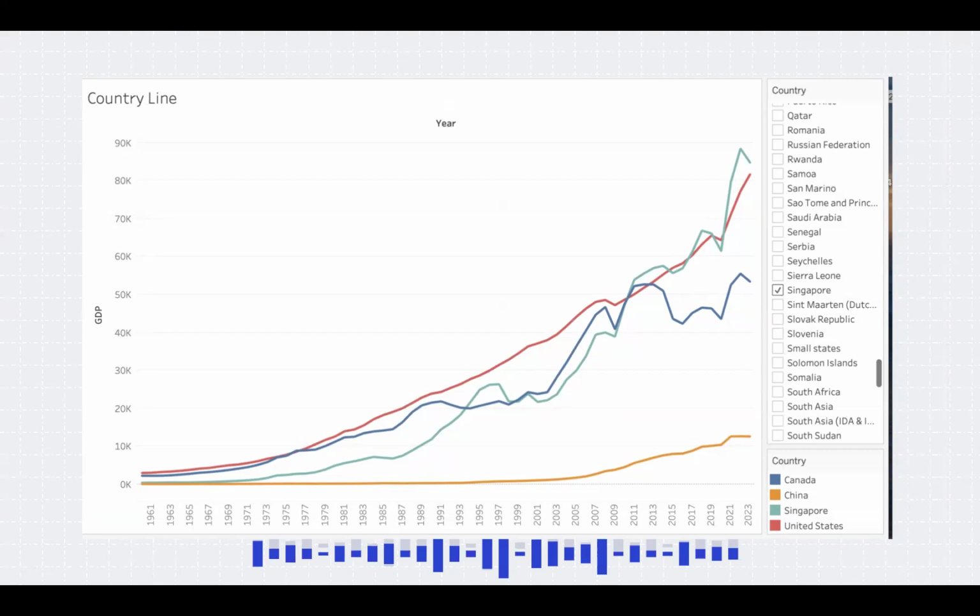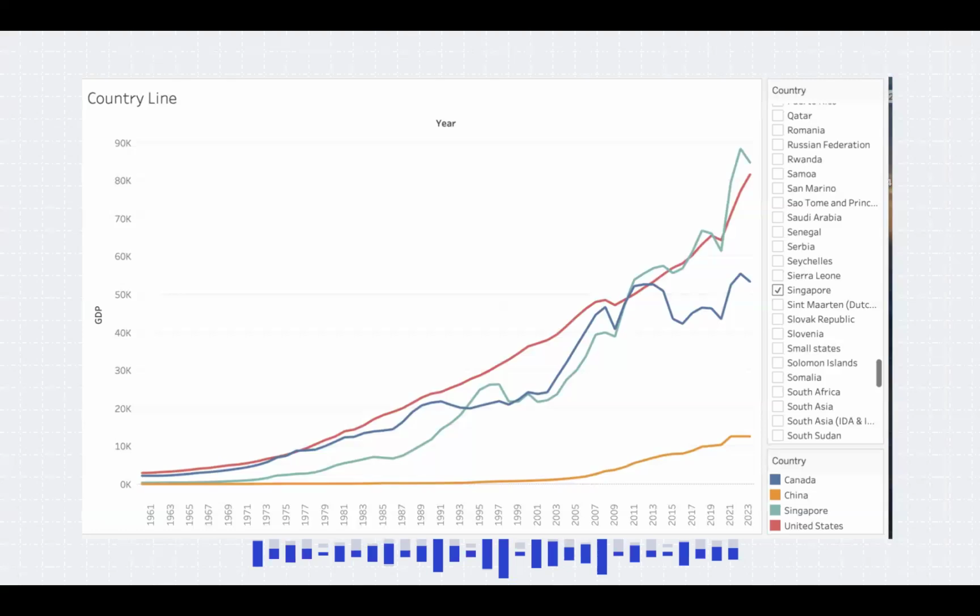China shows a steep rise starting in the late 1990s, highlighting its rapid industrialization and emergence as a global economic powerhouse. Singapore's growth is also significant, though less dramatic, showcasing its development as a leading financial hub in Asia.